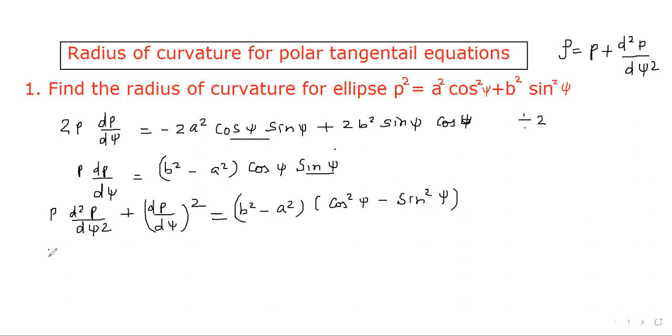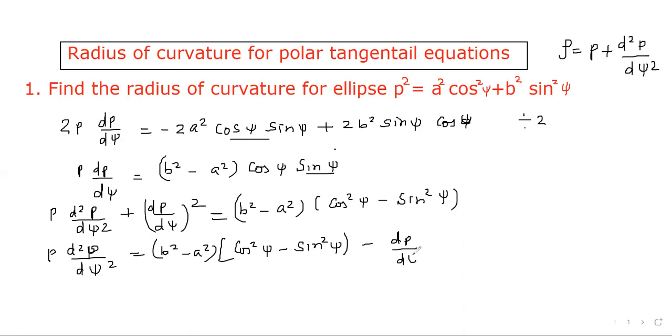So p times d²p/dψ² equal to (b² − a²)(cos²ψ − sin²ψ) minus this term (dp/dψ)².